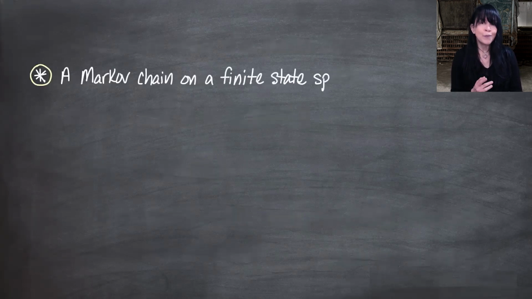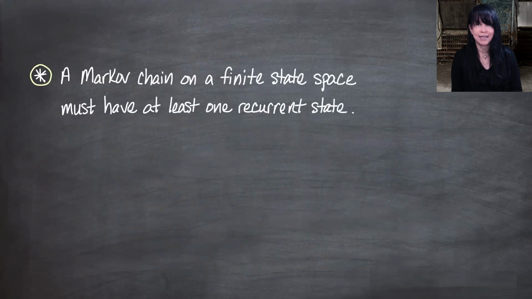If you have a Markov chain on a finite state space, you must have at least one recurrent state, because transient states are states that if you leave from them, there's a chance to escape, never to return again. If you only have a finite number of states, like our example where we had states 1 through 5, there's no way you can escape everything, never to return again. You have to go somewhere.